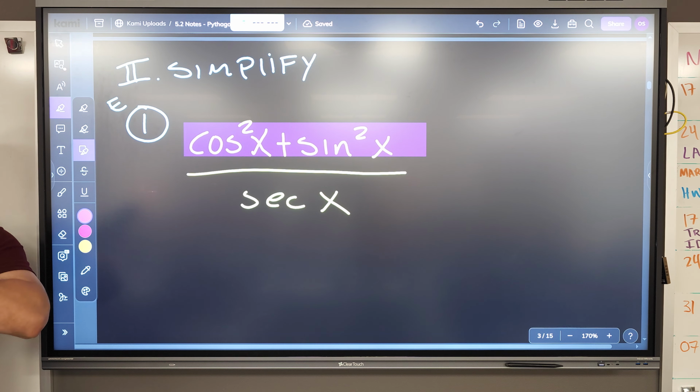So do you see anything else that might work? What do you think? Sine squared x plus cosine squared x. Yeah. So let me erase this. We're not comfortable doing that because they're out of place, but we like those two, right? We like those two, but they're not together here. So now let's bring it back down and see, can we put them together?